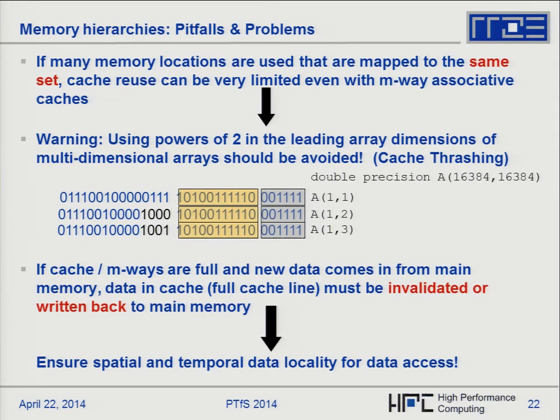You see from the array addresses here that these 3 elements, A11, A12, A13, have the same position inside the cache line. That's not so important. But they also have the same set index. So these three array elements map to the same set in the cache. Now, if I only have two elements in each set, if I only have a two-way set associative cache, and I access these three elements, I've already died the death of thrashing, because after loading this element, I'm fine.